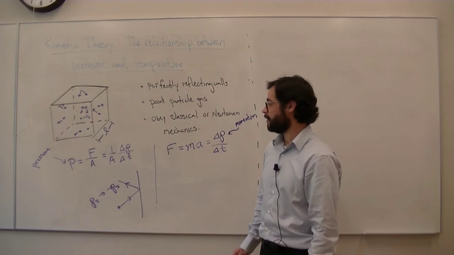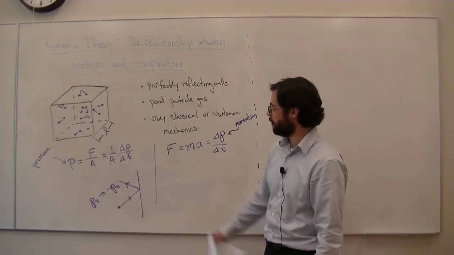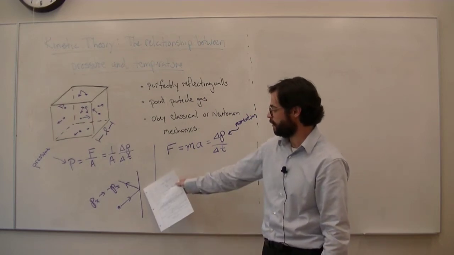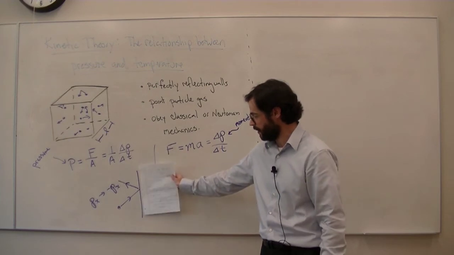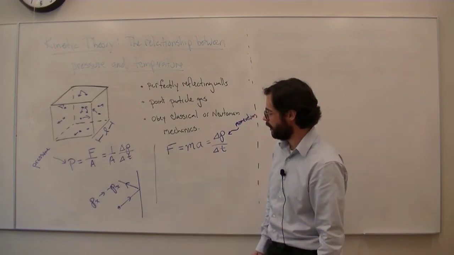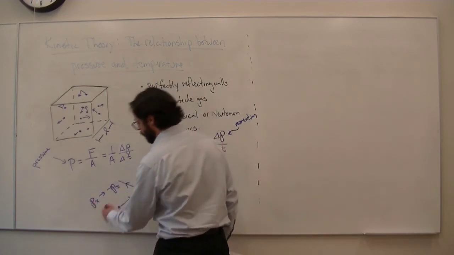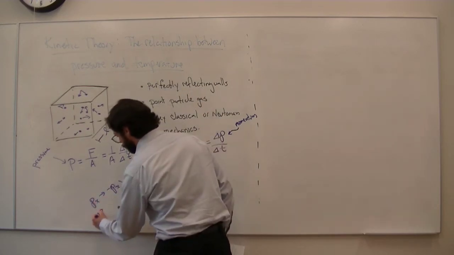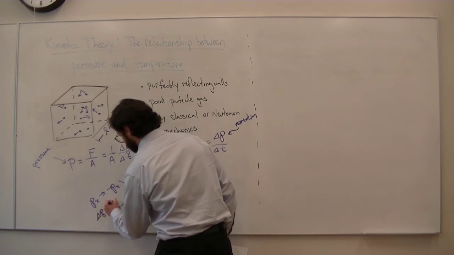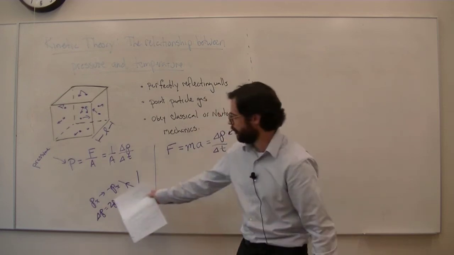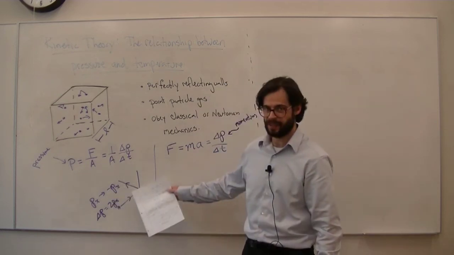So I'm just considering something bouncing off of this wall that has a normal pointed in the x direction. Then the change in momentum, px goes to minus px, so the total change in momentum would be 2px. Thing minus negative thing is 2 thing.